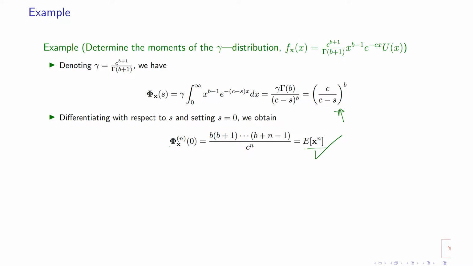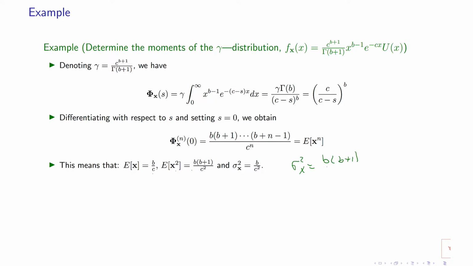So the moments of the gamma distribution can be quickly calculated using differentiation rather than integration. This means that the mean of X is equal to b over c, and the mean of X squared is equal to that, and the variance is equal to this minus the square of this one. So sigma squared of X is equal to b times b plus 1 divided by c squared minus b divided by c to the power of 2. If you simplify, you get this one.